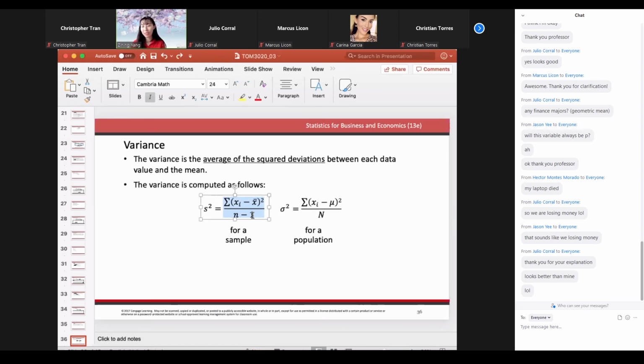Why do we do that? The statistical reason behind it is because we estimated the mean using sample data. We're not calculating the population. So there's this layer of estimation, and through that we lost 1 degree of freedom. And that loss of 1 degree of freedom is reflected as n minus 1. That's the statistical reason.